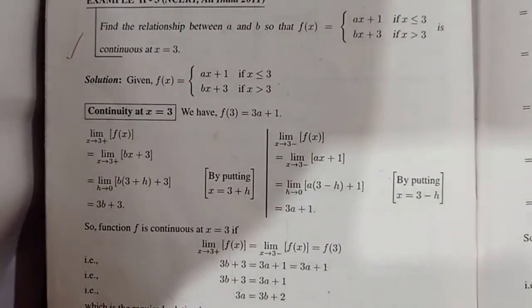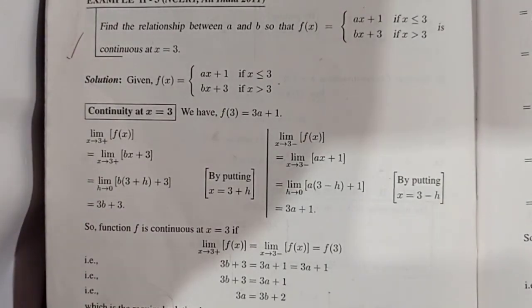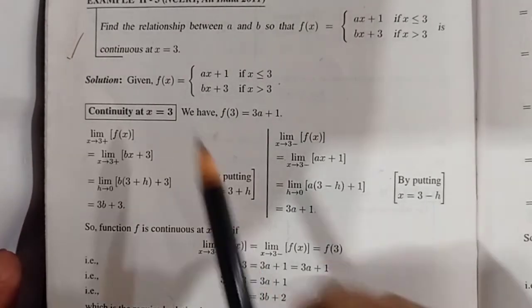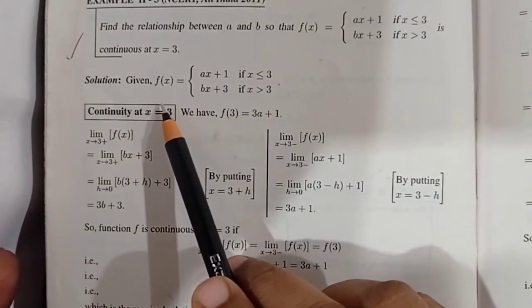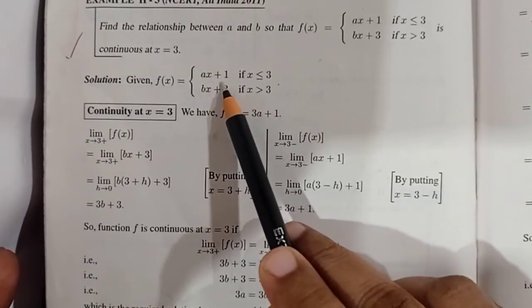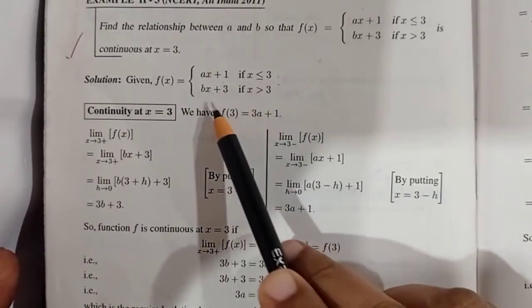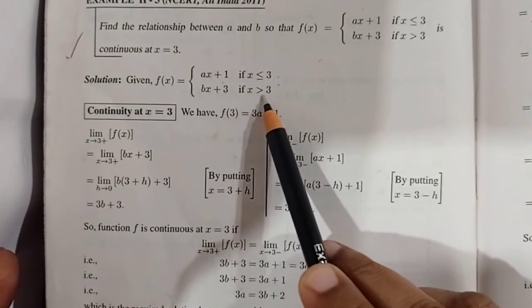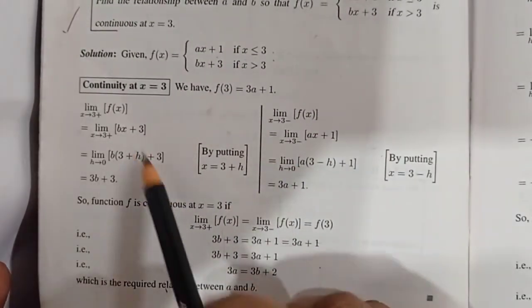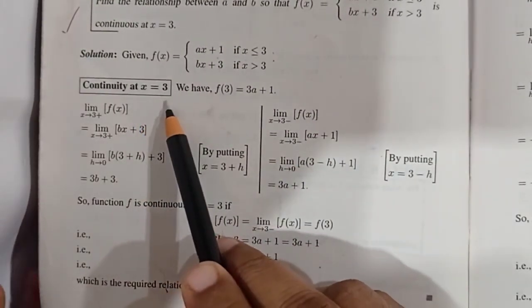In the first type of problems, our aim is to prove that it is continuous. Here it is to find the unknown numbers a and b. Okay, write the solution. Our aim is to prove continuity at x equal to 3.